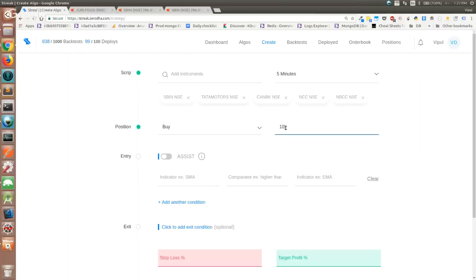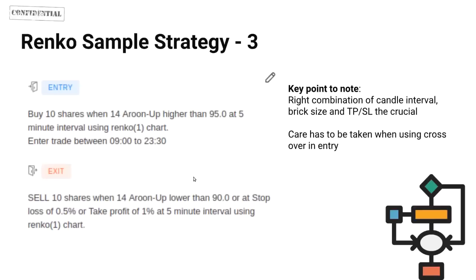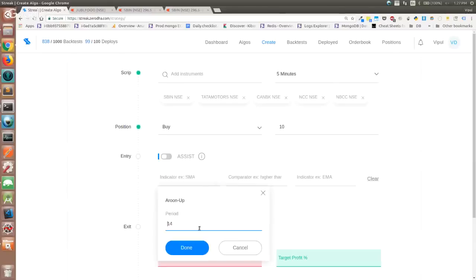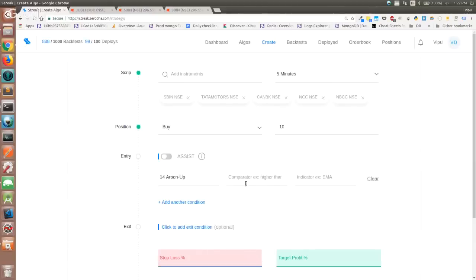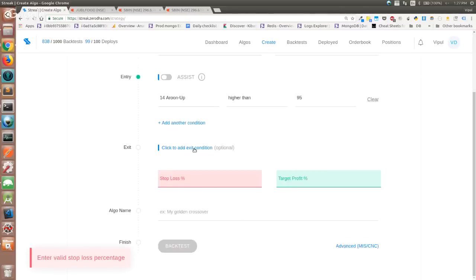The Arun indicator, we will cover that indicator in upcoming webinars in depth, talking about its technicals. So I'm just saying Arun up 14 higher than 95. Keep in mind I'm using higher than and not crosses above. That's a very important thing which will be covered in pitfalls.